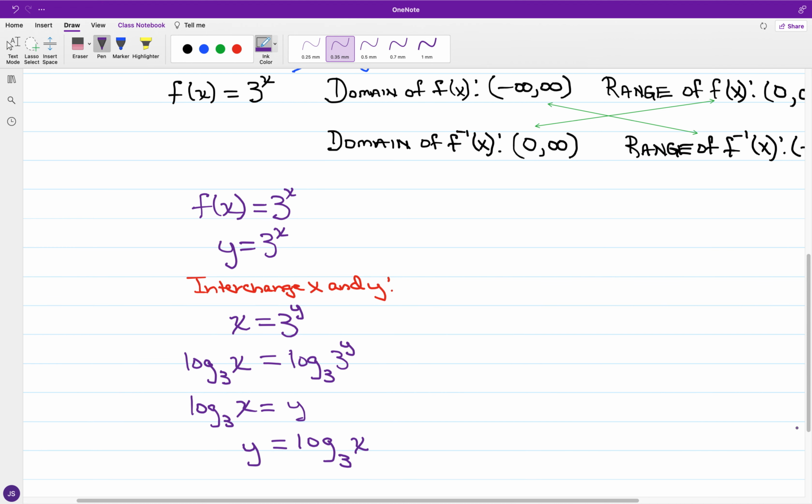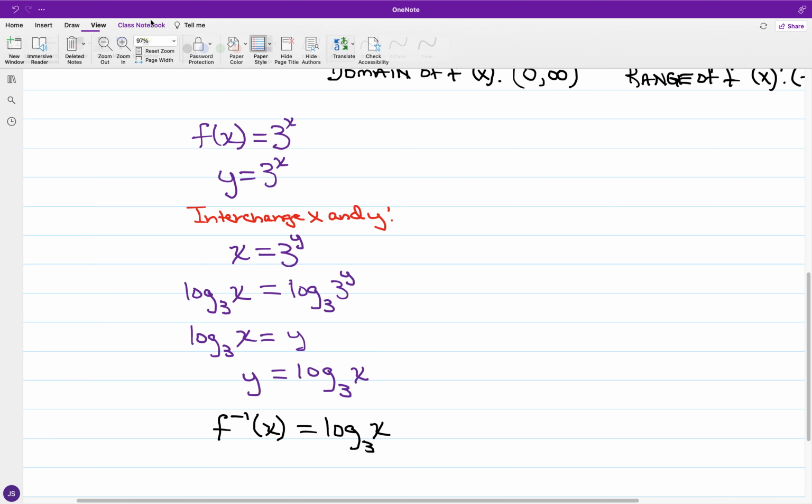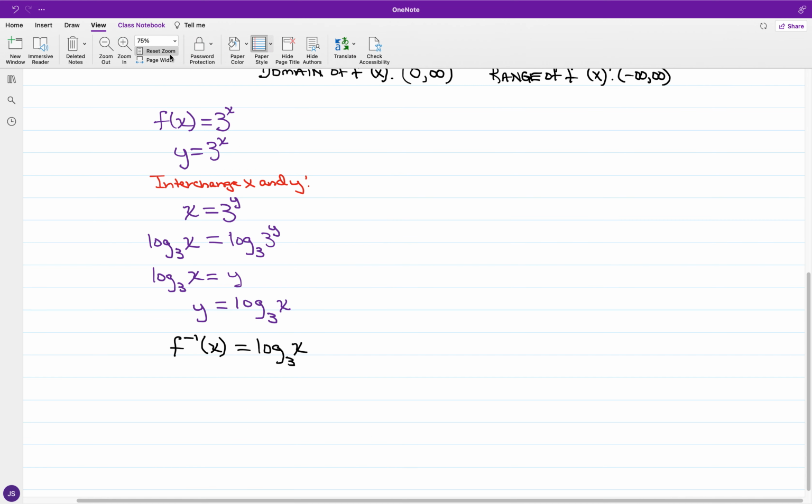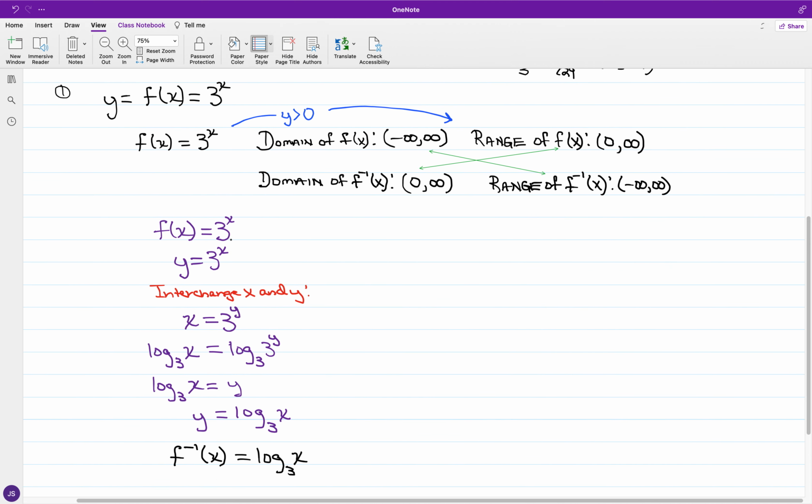And we have that y is equal to the base 3 logarithm of x. And so for the inverse function, again we'll have the base 3 logarithm of x. And so looking at what we have here, we start out with the exponential function.